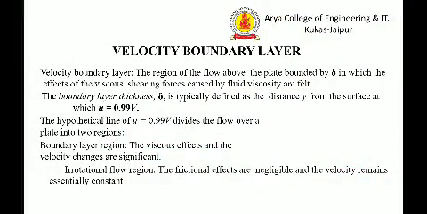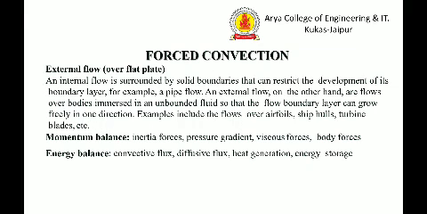Now, the velocity boundary layer: the region of flow above the plate bounded by delta, in which the effects of the viscous shearing forces caused by fluid viscosity are felt. The boundary layer thickness delta is typically defined as the distance y from the surface at which u is equal to 0.99 times V. The hypothetical line of u equal to 0.99 V divides the flow over a plate into two regions.